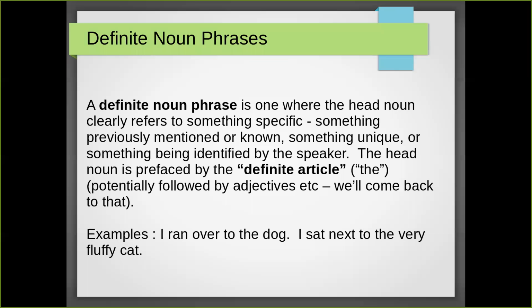So I ran over to the dog, I sat next to the very fluffy cat as examples. And so here, I ran over to the dog is an example of a definite noun phrase. The very fluffy cat is an example of a definite noun phrase because it refers to the very fluffy cat, not just a very fluffy cat.